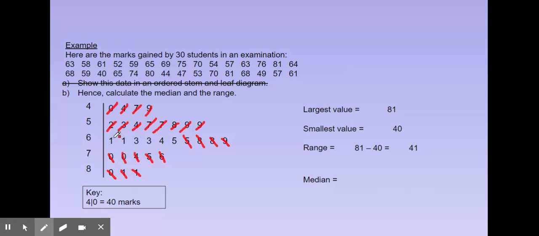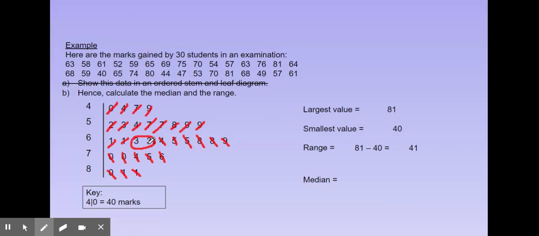Notice I'm going forwards at one end and backwards at the other end. 1, 5, 1, 4. Notice there are two middle values.